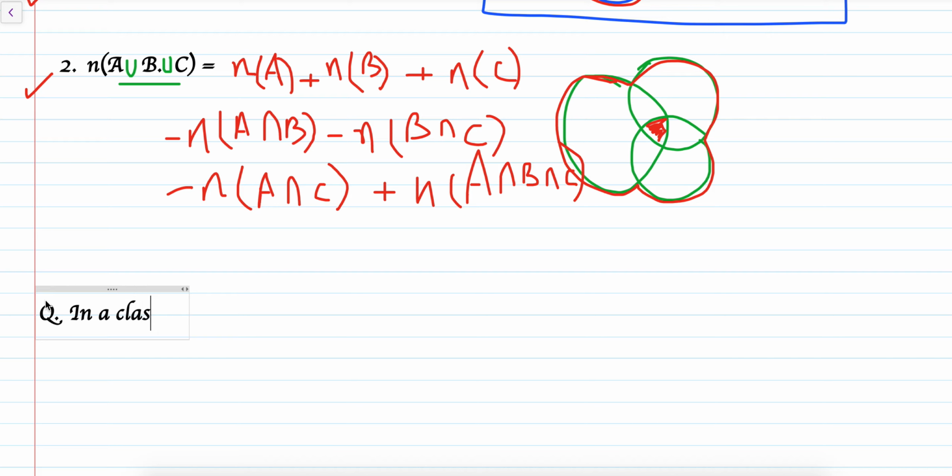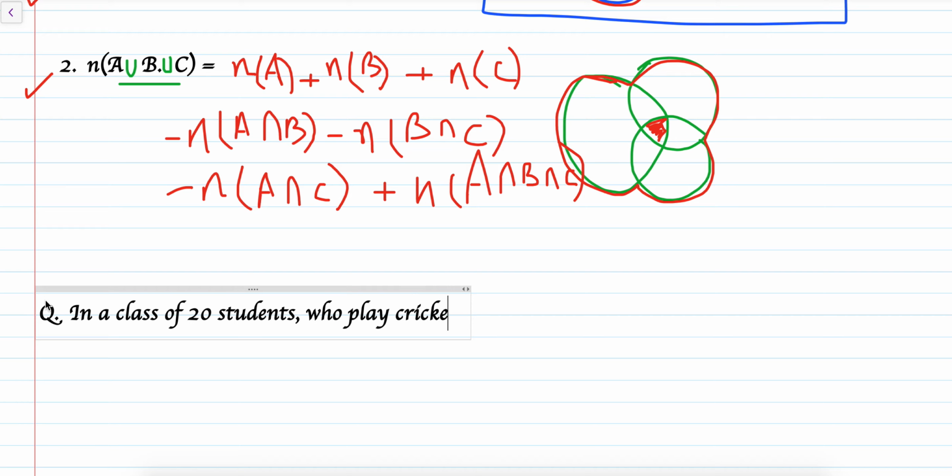suppose in a class of 20 students who play cricket or football.